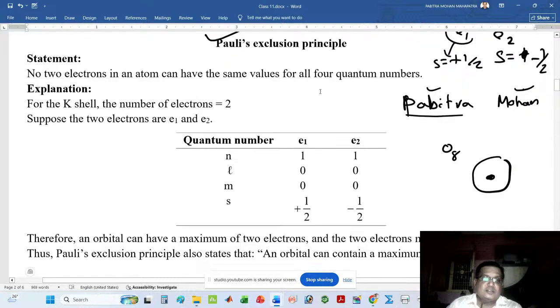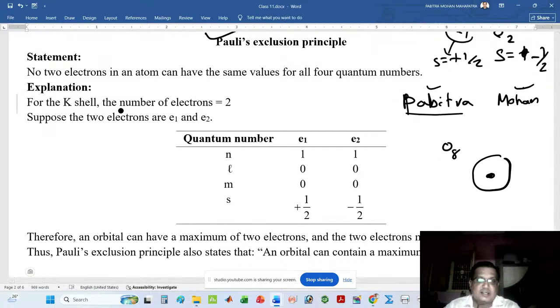Look at that. Suppose I think about the K shell. The K shell has two electrons. Suppose these two electrons are said to be E1 and E2. If you think about the set of four quantum numbers, then I can write here n is equal to what? 1. For E1, it is 1. For E2, n is equal to 1, because both the electrons are present in the K shell. For the K shell, we know that n is equal to 1.